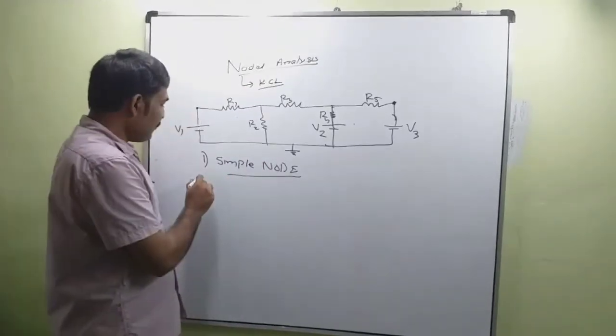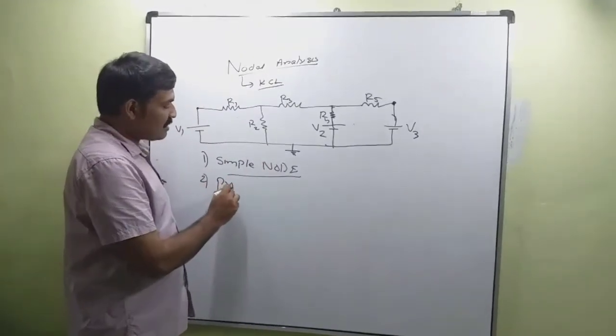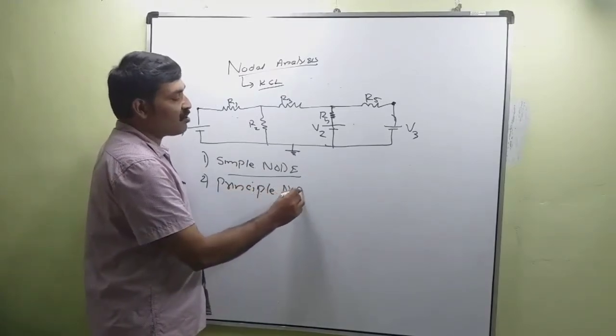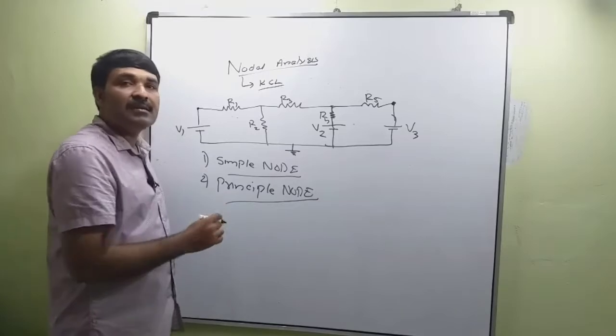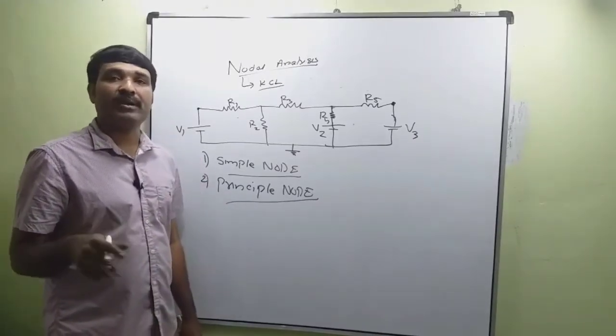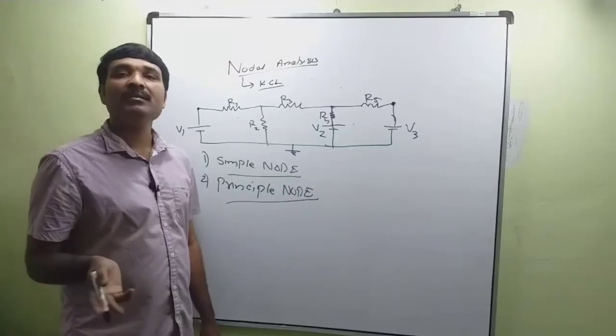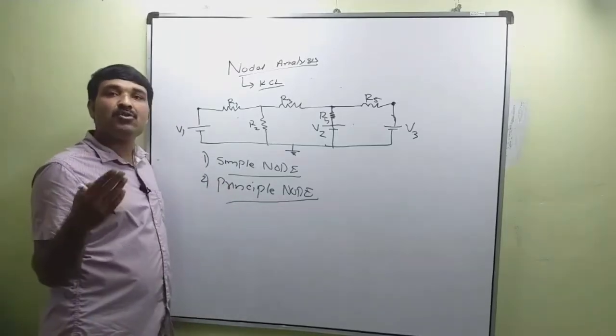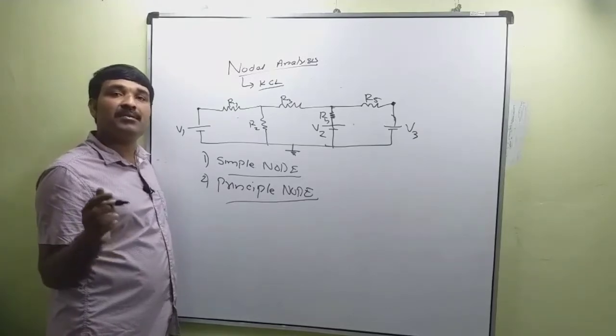And second, we have the principal node. A principal node means if at least three branches are connected to a node, then it is said to be a principal node, or three or more elements should be connected to a principal node.